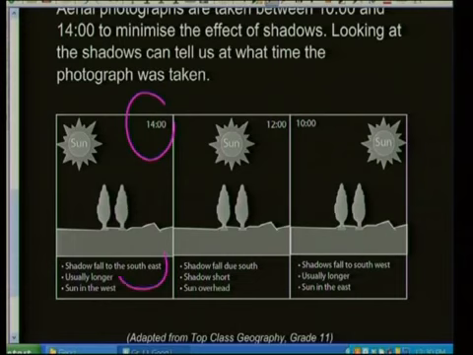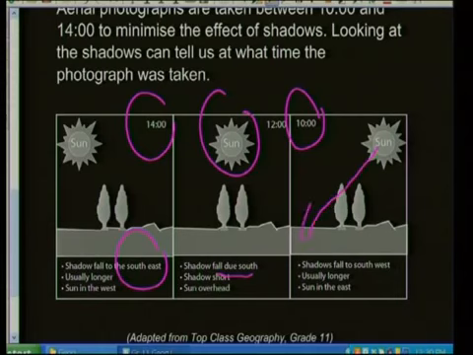If it's 12 o'clock where the sun is overhead, the shadow will be slightly south, but you won't get much shadow. And if it's 1000 hours, the sun will send the shadow to the southwest.